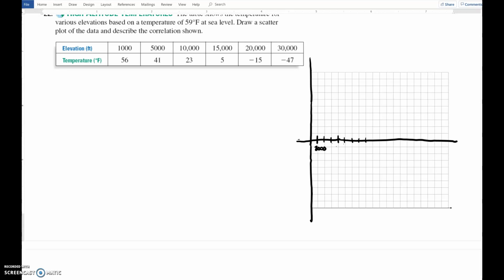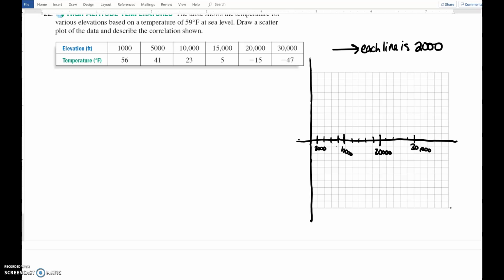I totally miscounted there. 22, 24, 26, 28, 30,000. So on your x-axis, each line is 2,000.